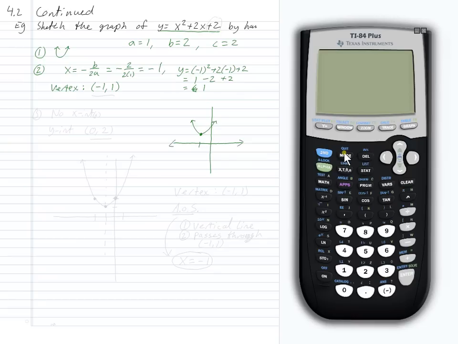So I can conclude right away that there are no x-intercepts. So we might as well move on. Let's find the y-intercept. And we can do that very quickly. It's going to be located at 0, 2, because 2 is our constant.